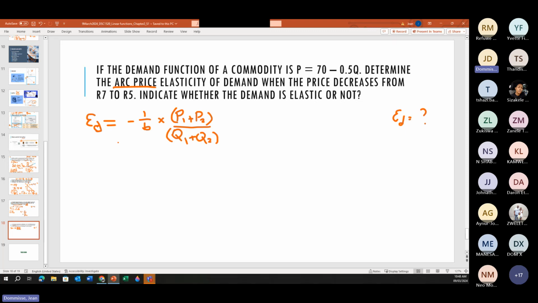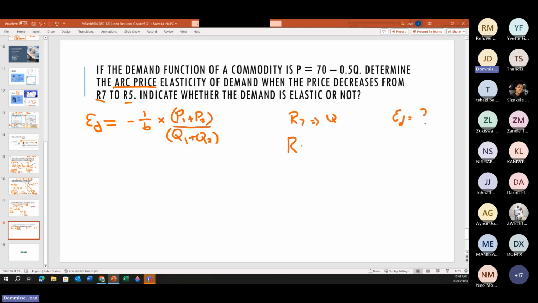Okay, so let's look at how we need to do this. They tell us we've got 2 prices. For those 2 prices, we will need to first work out the quantity. They didn't tell us the quantity. So for the 7 rand, we will need to work out a quantity.